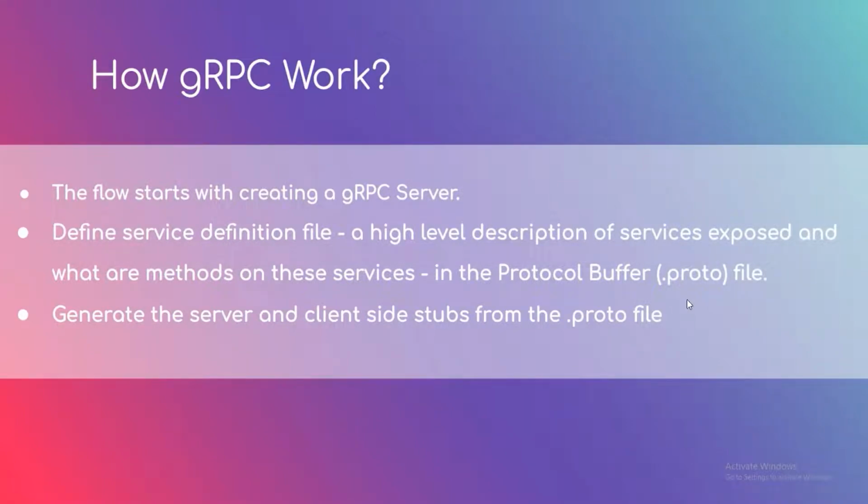Here is how we start. The flow starts with creating a gRPC server application and defining a service definition file called a .proto file. It's a high level description of the service and what methods are on these services. Once we have created the proto file, we generate the server side and client side stubs with the compiler.